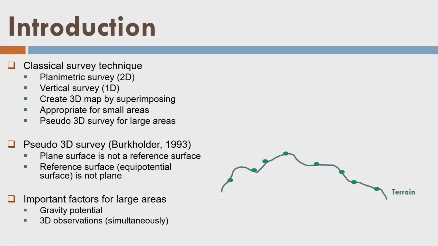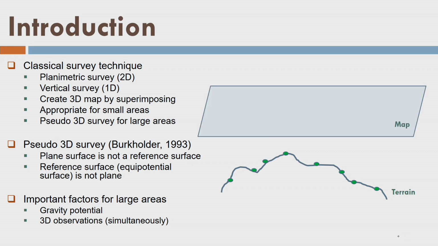So we have projected these 8 points on the map plane. In the planimetric survey, we are recording 2D coordinates of these 8 points on the surface of earth, and then drawing them on the map plane. This is my map plane, and we have projected these 8 points to indicate their horizontal position XY.